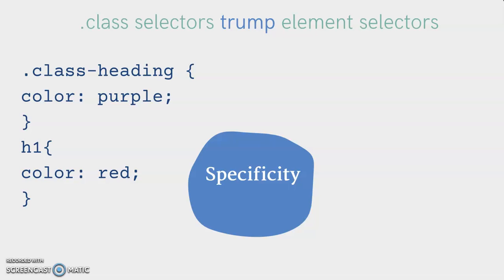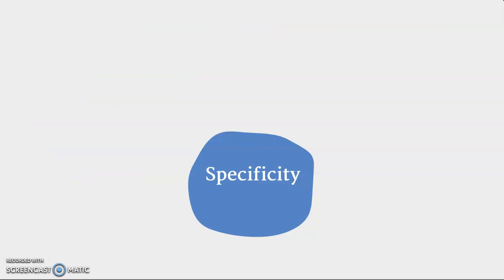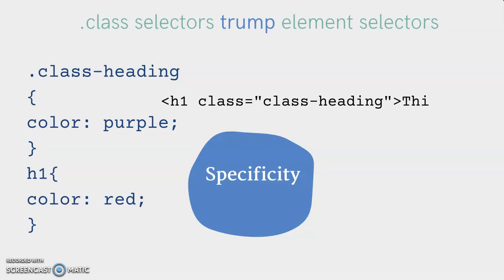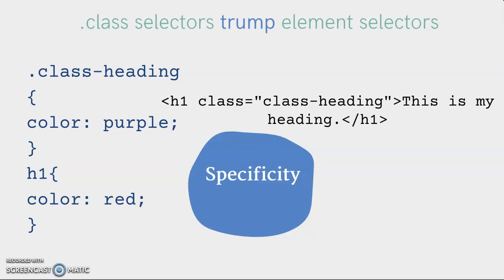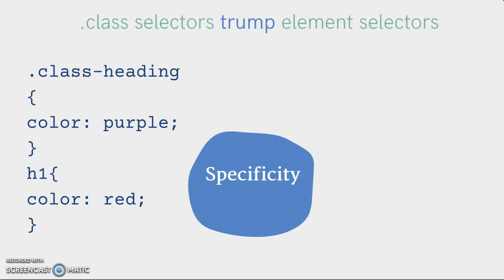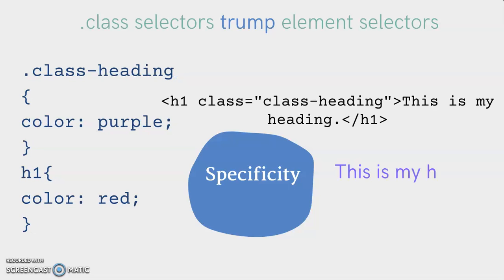Even though in this case, the H1 selector comes after the class selector, the class, due to its specificity, is more important than the H1 selector. So, for example, in this heading, the heading will not be red. That will be purple.